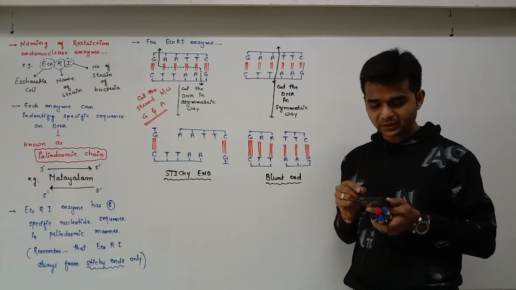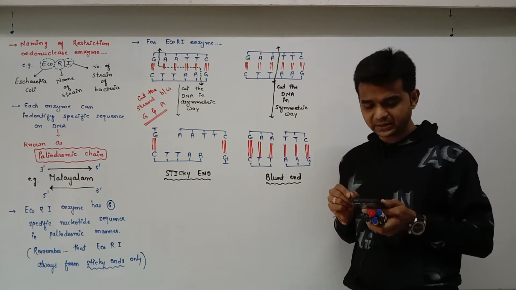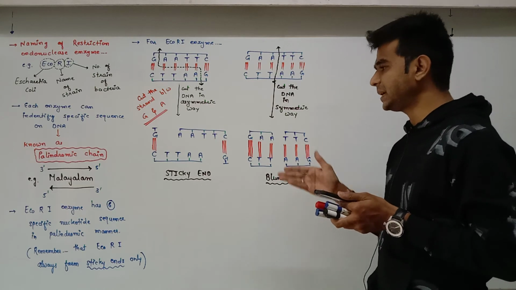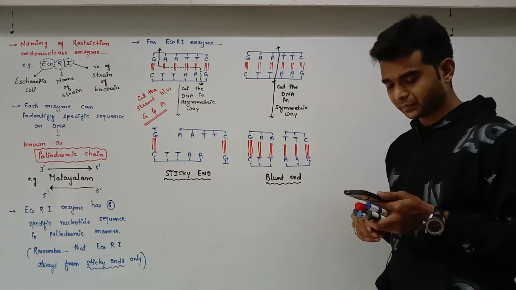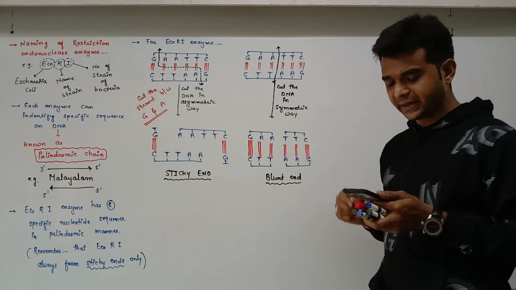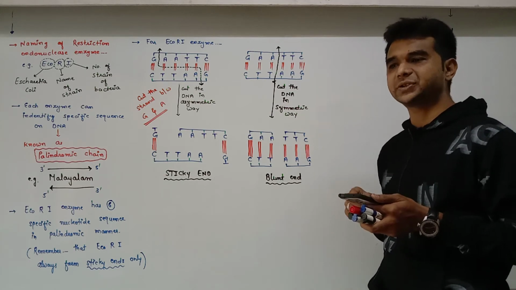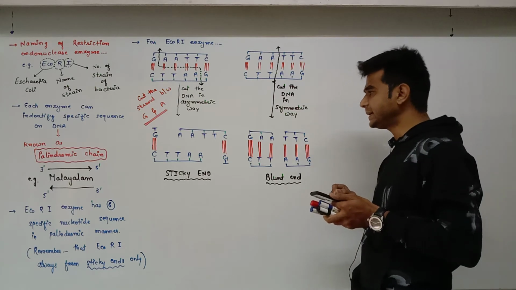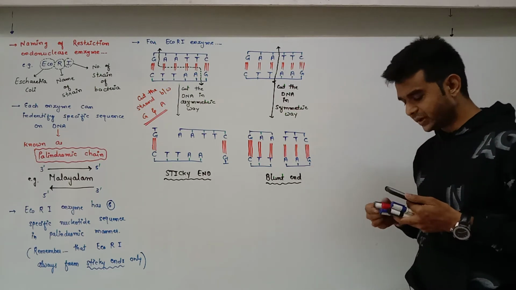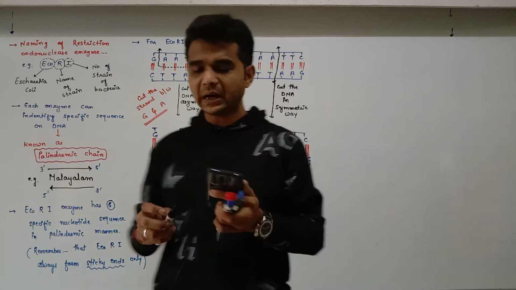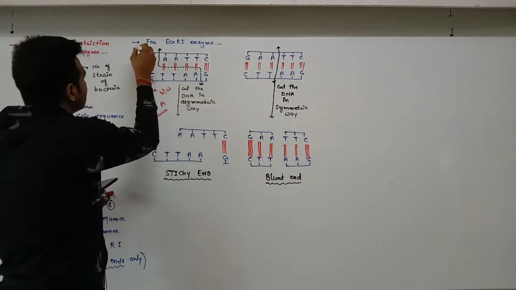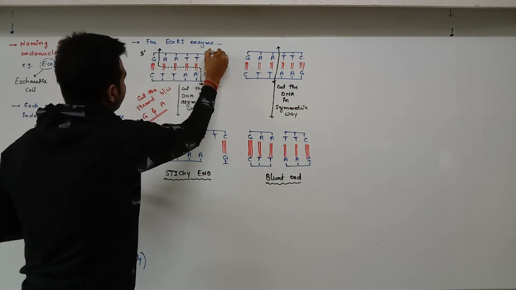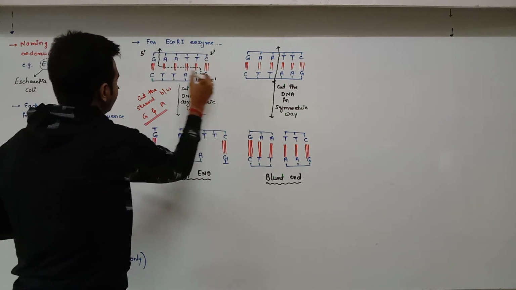For example, the following sequence reads the same on the two strands in the 5' to 3' direction. This is also true if read in the 3' to 5' direction. So 5' GAATTC. Here in one diagram I will put 5' 3', 5' 3'.